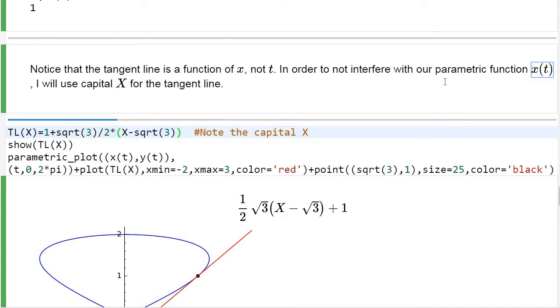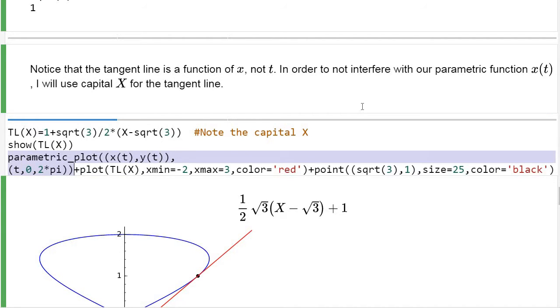So little x is not a variable really, it's that function. So I'm going to use a capital X here just to distinguish between those. So my tangent line is a function of capital X. Sage is case sensitive. So I'm going to now plot the tangent line along with the parametric curve. So here's my parametric plot.